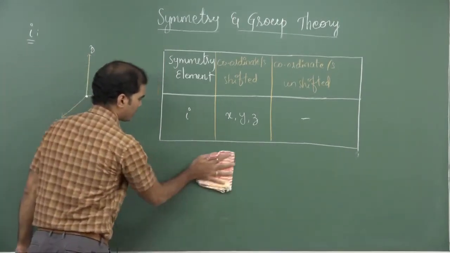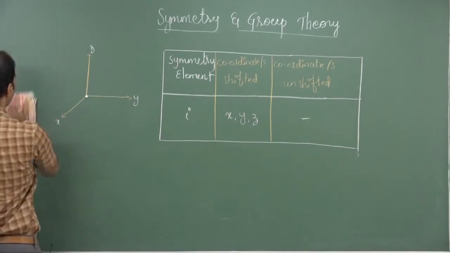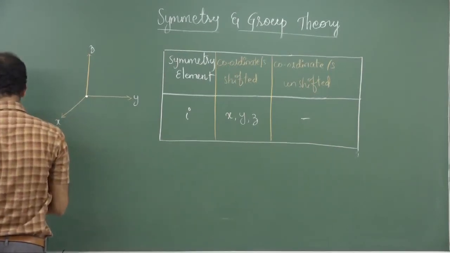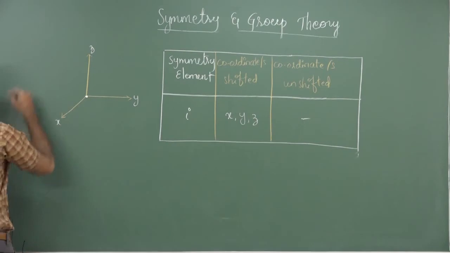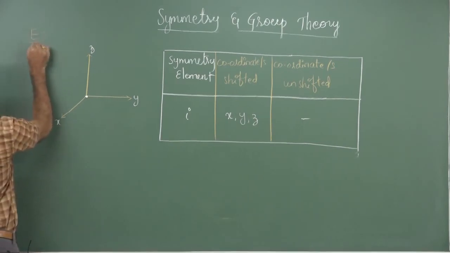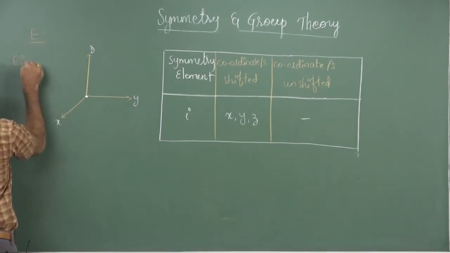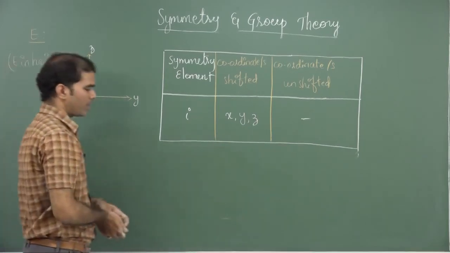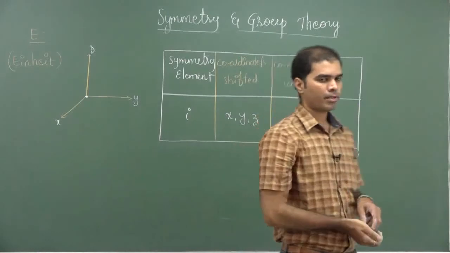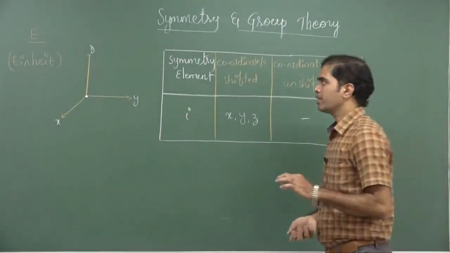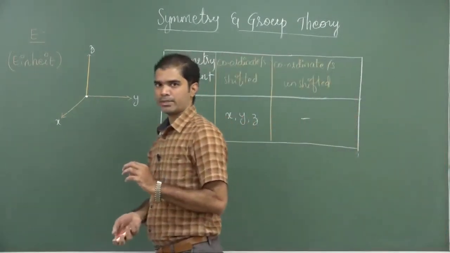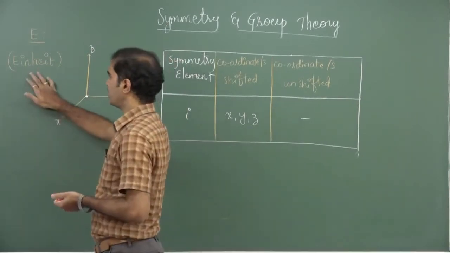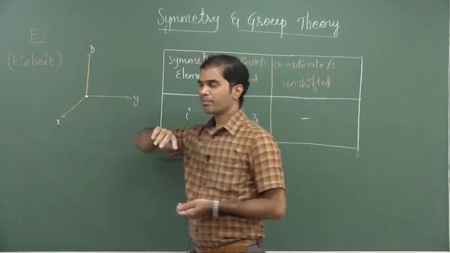Then the last one that we have is identity. What is identity? Identity is indicated by E. It is a unity. We will arrive at it in group theory.